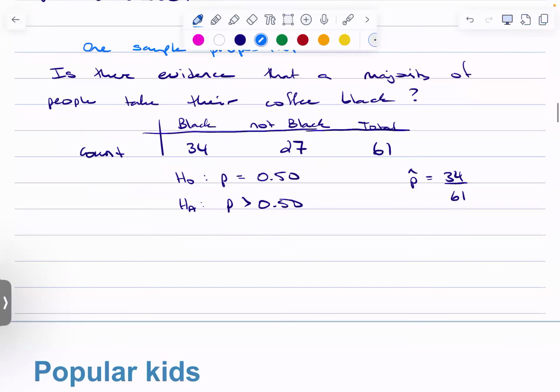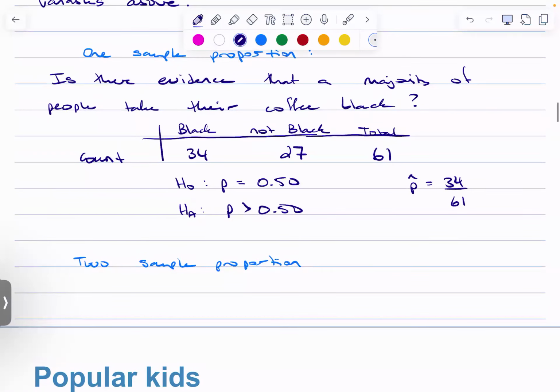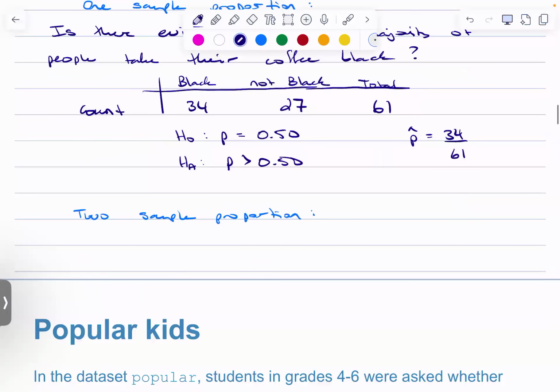Because what does a two sample proportion look like? A two sample proportion type of question could incorporate the gender. And there's a couple that we could think about, but these are probably the most straightforward.